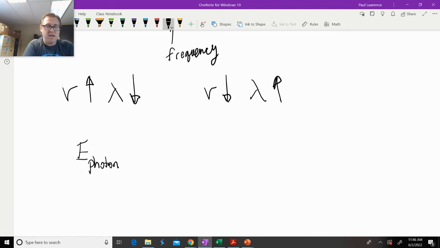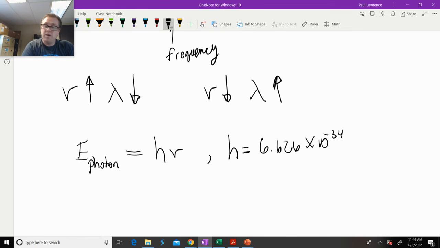And the energy of that photon is related to Planck's constant times the frequency. Recall that Planck's constant has a value of 6.626 times 10 to the negative 34 joules times seconds. And that's going to tell us the energy.